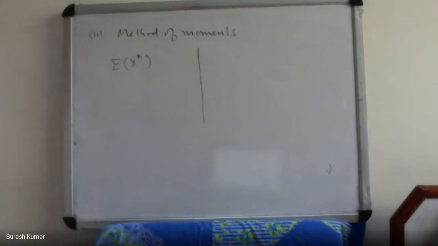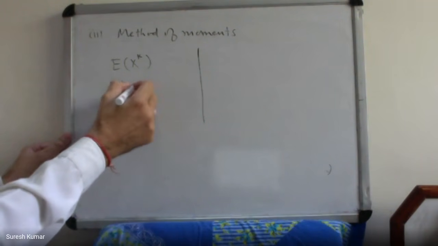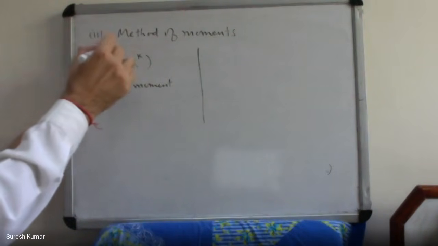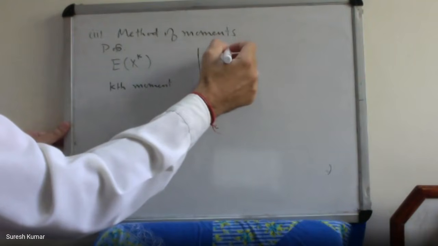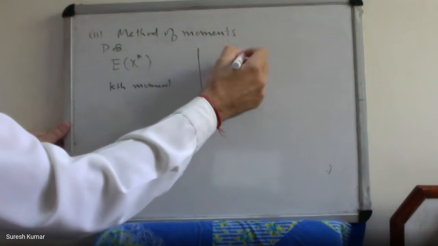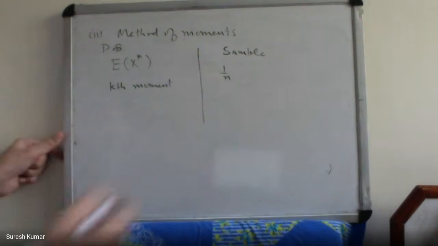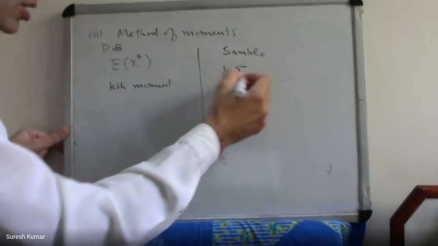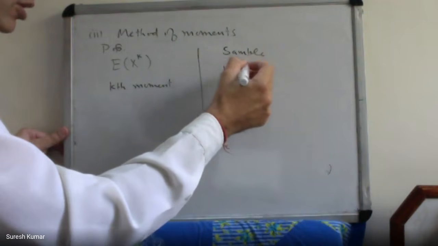You know E x power k. This is the kth moment of the population variable x. This side you have population. That side it is sample. Now you should know how we define sample moments.